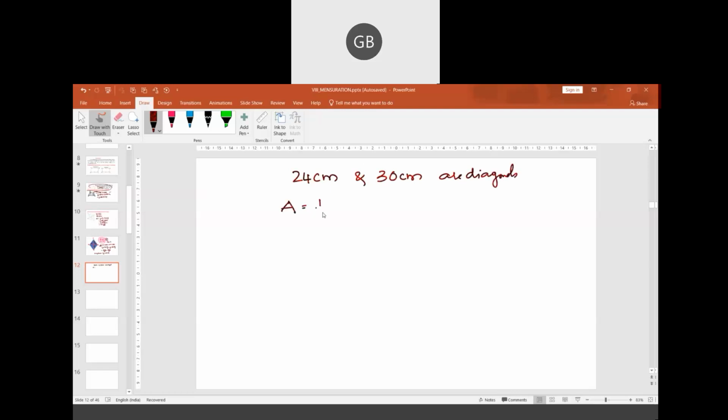So area will be half into D1 into D2, half into 24 into 30. Half of 24 becomes 12, 12 times 30 is 360 centimeter square. So isn't it easy?